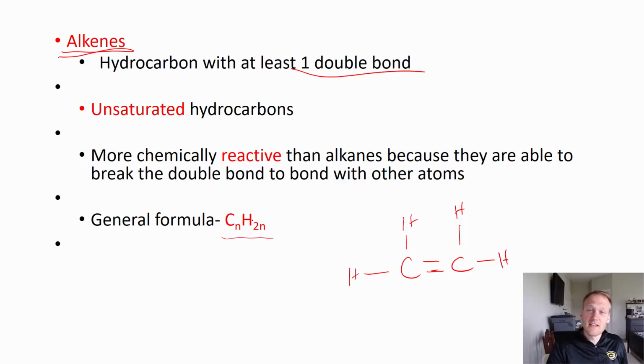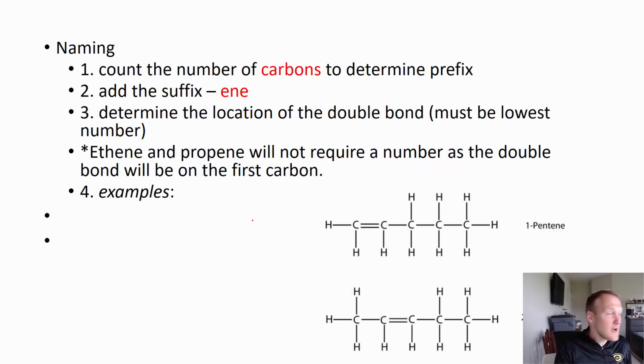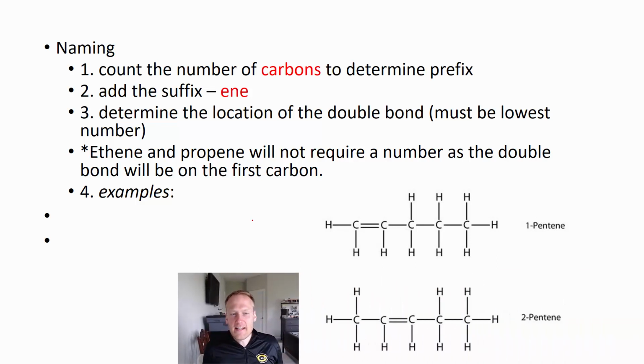But we've put the double bond in, which reduces the amount of hydrogen, which means the formula is a little different. The way we name these, we went through the basics already. You count the number of carbons, you determine the prefix: eth, prop, but, pent, hex. And then you put ene on the end instead of ane.